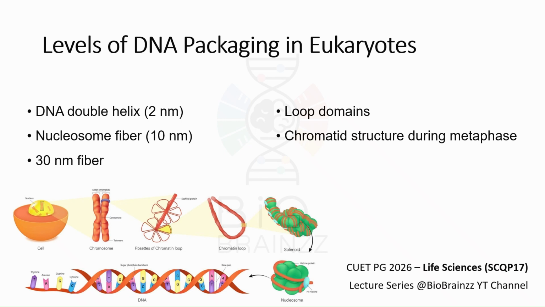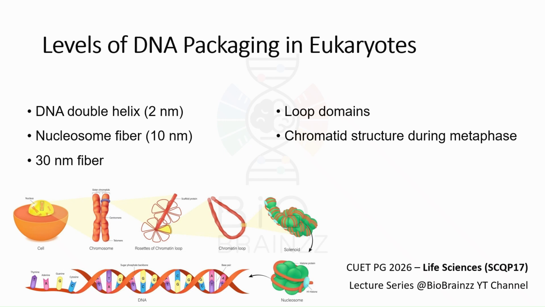Next, this DNA wraps around histone proteins to form nucleosomes. This produces the so-called 10 nanometer nucleosome fiber, also known as the beads on a string structure. After this, the nucleosome fiber further coils to form the 30 nanometer fiber, which provides additional compaction.